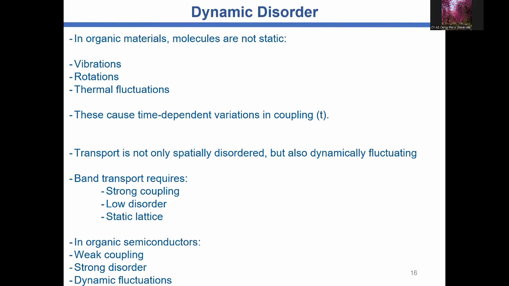So just to remind, we need strong coupling or low disorder to have band transport and a static lattice. And in organics, we have everything in the opposite: weak coupling, strong disorder, and also these dynamic fluctuations.